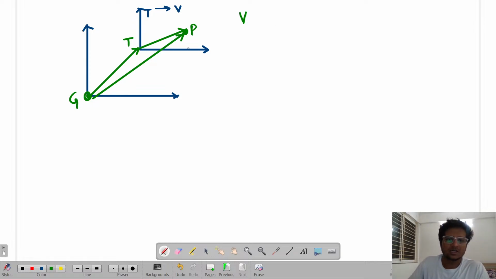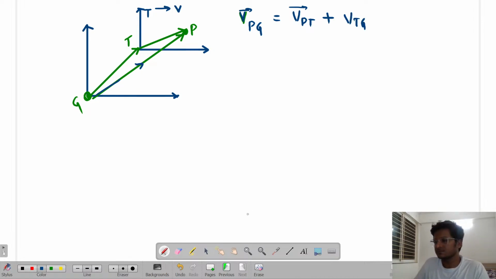So you know that I can write this relation in vector form: velocity of particle with respect to ground. So we know that if I want to write this vector relation, velocity of particle with respect to ground must be equal to the sum of the other two vectors: velocity of particle with respect to truck plus velocity of truck with respect to ground.